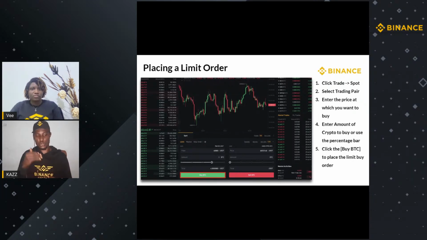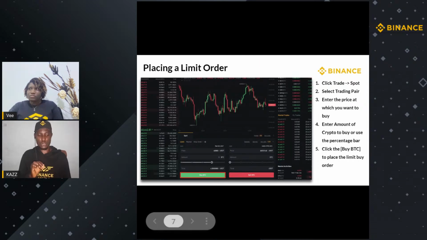Click Trade, go to Spot, and select the trading pair you want to trade, let's say BTC USDT or BNB USD, any trading pair whatsoever. Go to the spot box and click on Buy, or if you're selling, tap on Sell, and make sure the limit order type is selected.